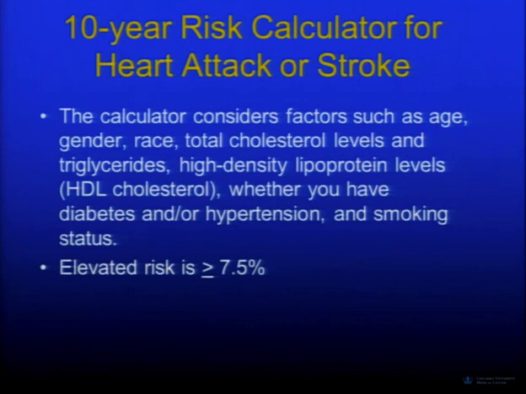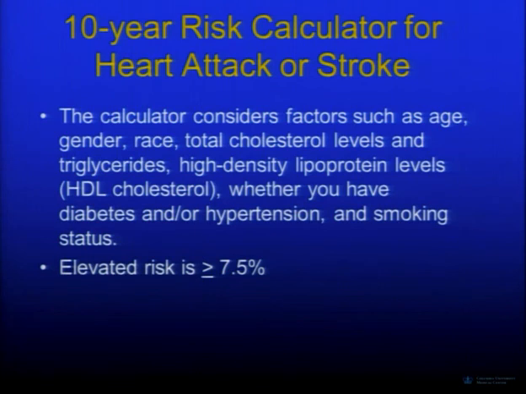What they did is they came up with a calculator that considered people's age, their gender, their race, their cholesterol levels, triglyceride levels, HDL levels, and whether they had diabetes, hypertension, and if they smoked. The idea was to put all of this data into this heart risk calculator, and it would come out with your percent risk of disease.